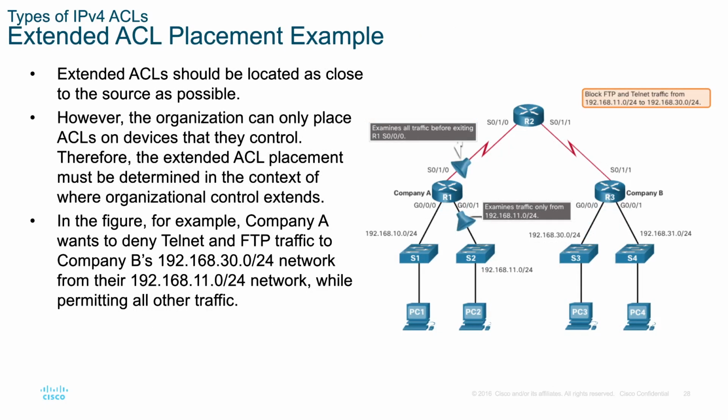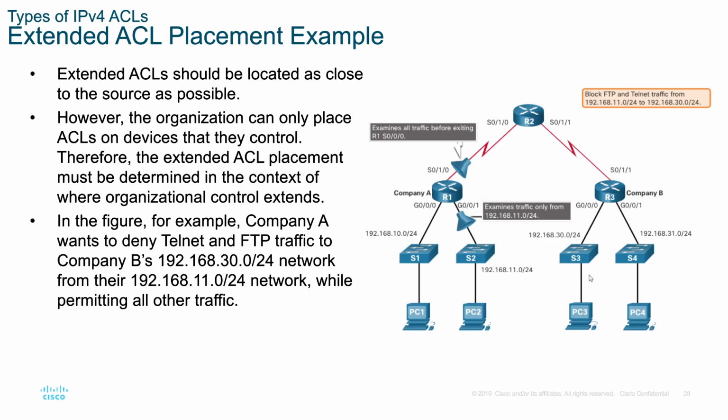Now, with an extended ACL, in this one, we want to deny telnet traffic and FTP traffic to company B's 30 network from the 11 network. So we want to filter traffic from this network from entering this network.